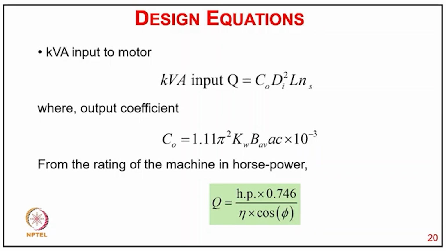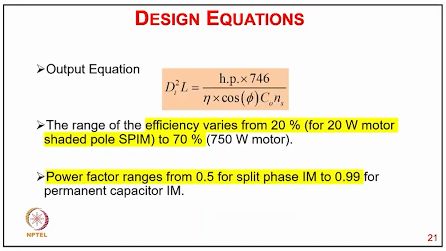This gives the kVA rating of the machine, which we can put in the output equation and get the relation between the main dimensions D and L. So the output equation can be D square L equal to HP into 746 divided by eta into cos phi into C0 NS.